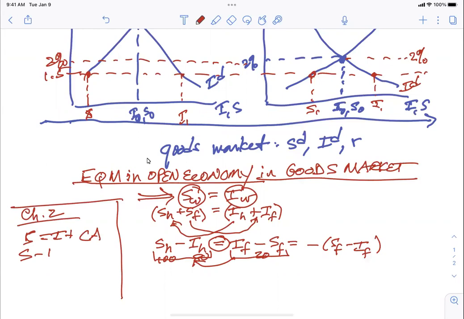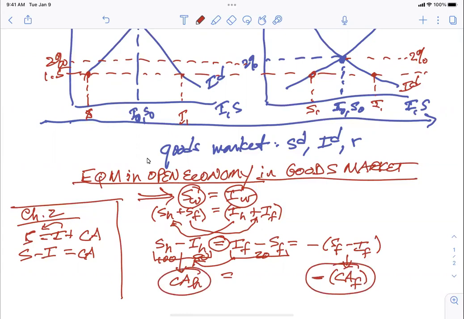So S minus I, if we bring I to the other side, equals CA. Well, here's S minus I. So that's the current account in the home country. So this is the current account in the foreign country. The minus sign there. So equilibrium means this has to be true.